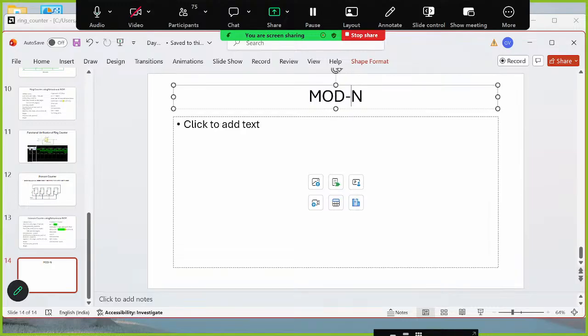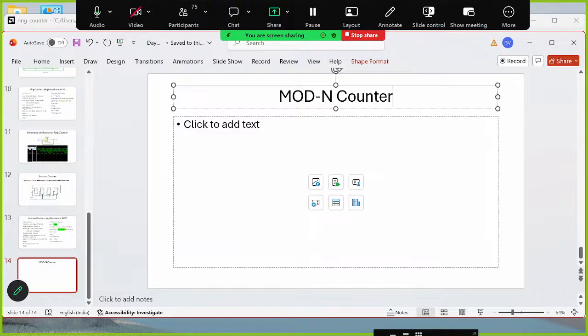Mode n counter means you can restrict the count. Suppose you are using three flip-flops. This is just like the synchronous and asynchronous counters you have designed. If we are using two flip-flops, we can go maximum up to four counts, 0, 1, 2, 3.